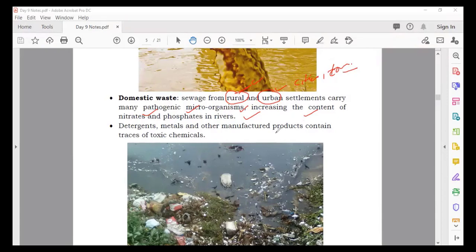So all of it is sent to the normal water, which causes pollution. For example, detergents, metals, and other manufactured products contain traces of toxic chemicals. All these things go into the fresh water in the stream, the canal, the river, and cause pollution.